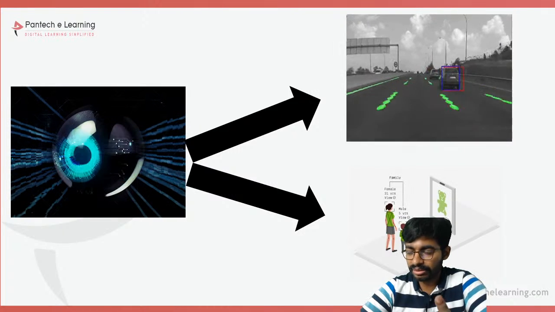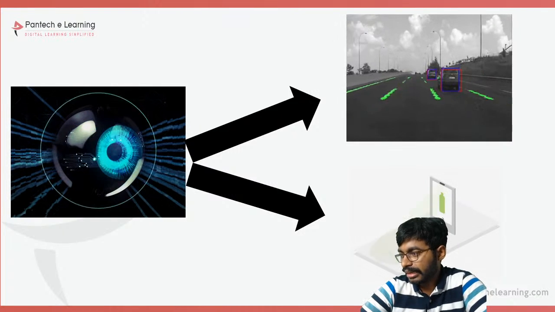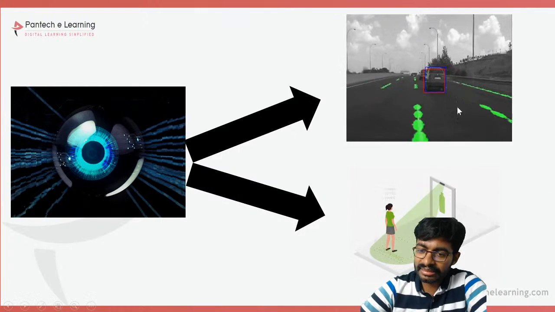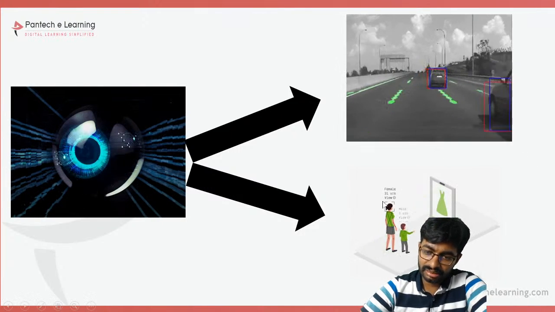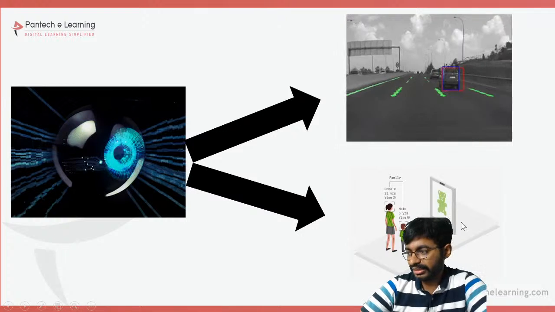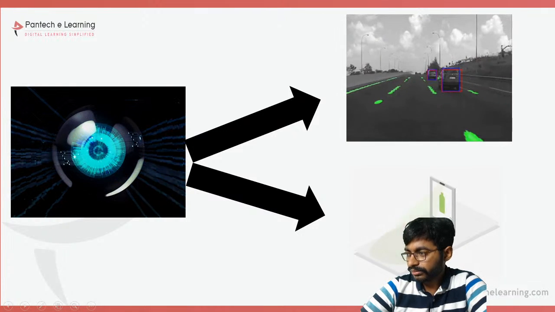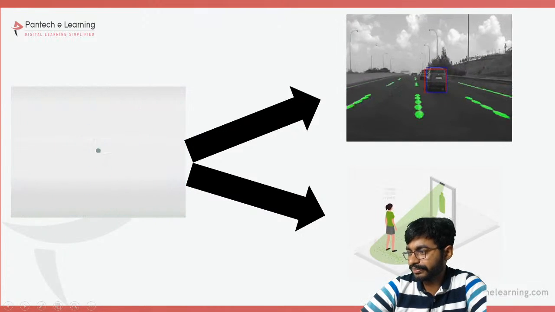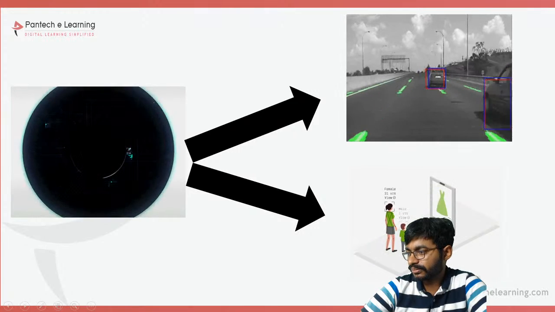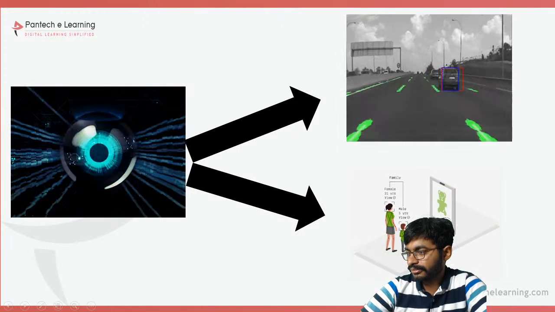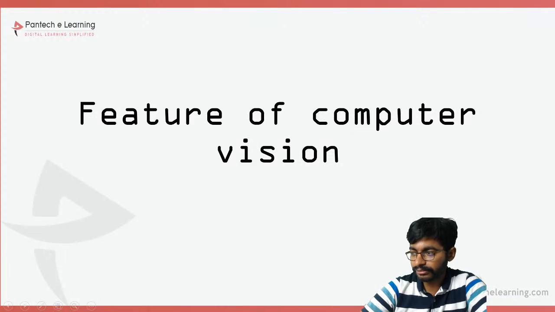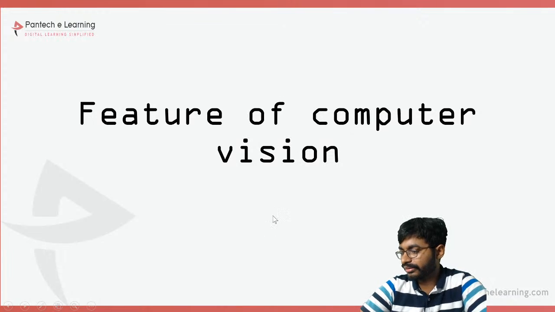So this is what is known as computer vision. The applications are like ADAS or person identification. Okay, fine.